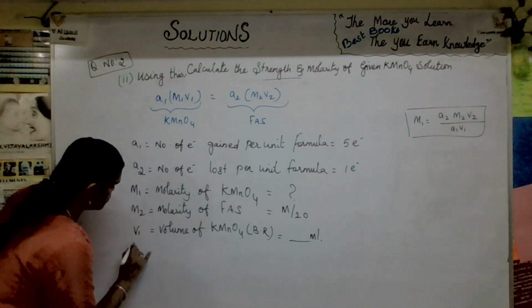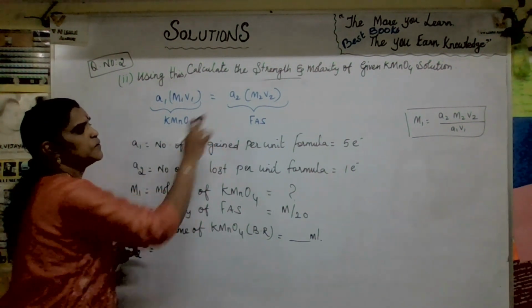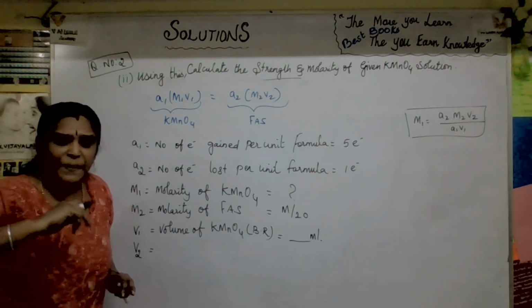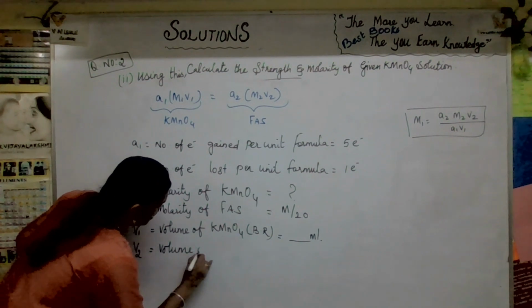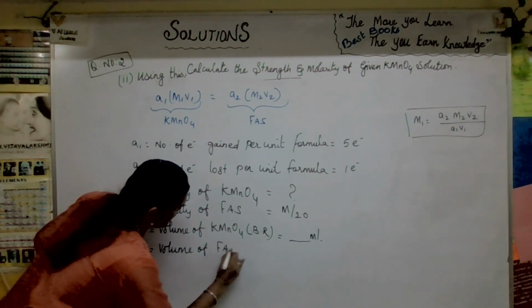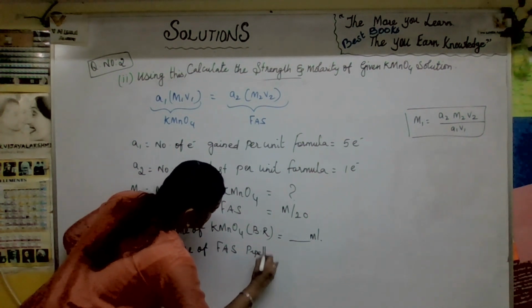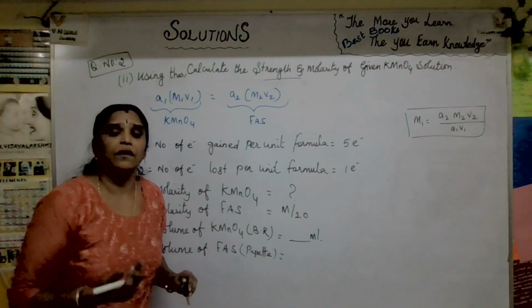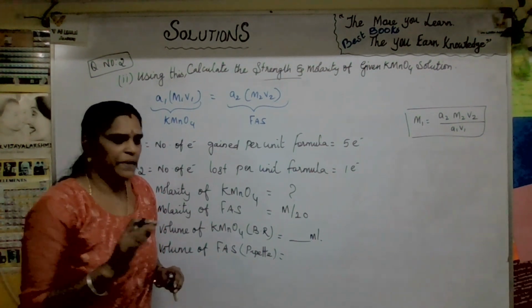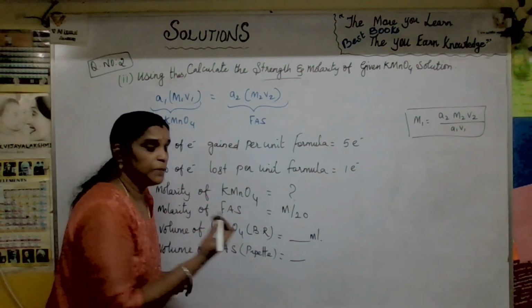Okay, now next one, V2. V2 is the volume of FAS, which we pipette out, right? So that is the pipette reading. The pipette will be 10 or 20 ml, so you can put that, usually 20 ml.